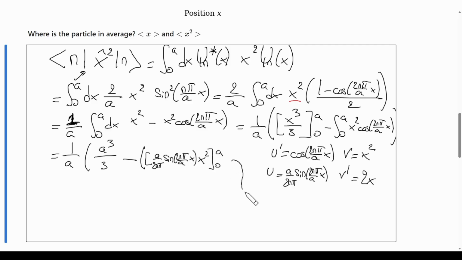So this minus the integral from 0 to a dx of a over 2 n pi sine 2 n pi over a x times v prime, so 2x. And we have 1 parenthesis and 2 parentheses.